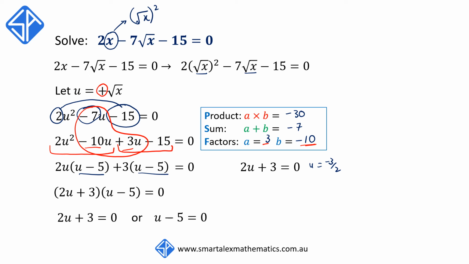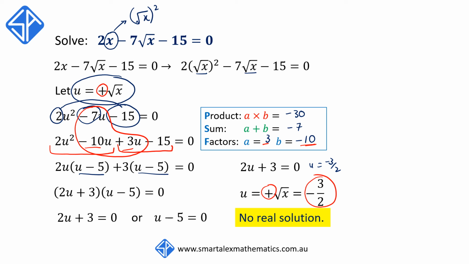We then use our definition, u is equal to positive square root x, so that we get positive square root x is equal to negative 3 on 2. But hold on, we started off by defining u as the positive square root x. So that means that we cannot have a negative solution. So for this equation, 2u plus 3 is equal to 0, we actually have got no real solution.